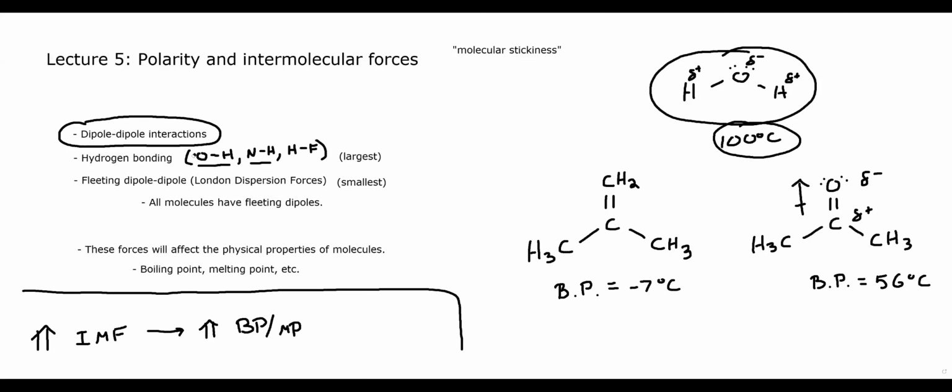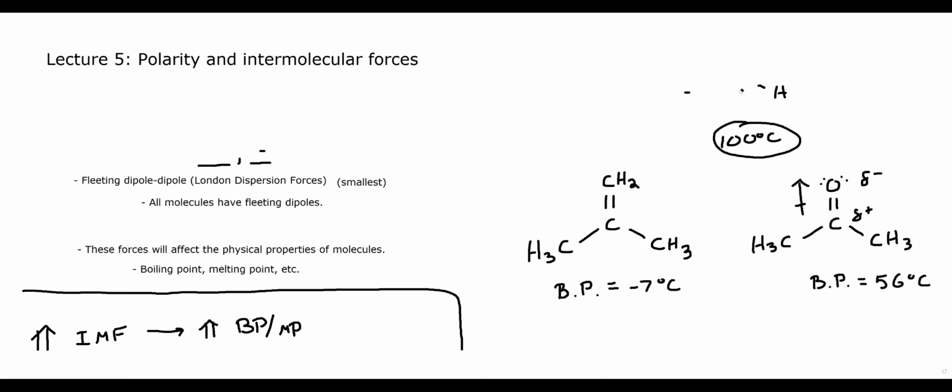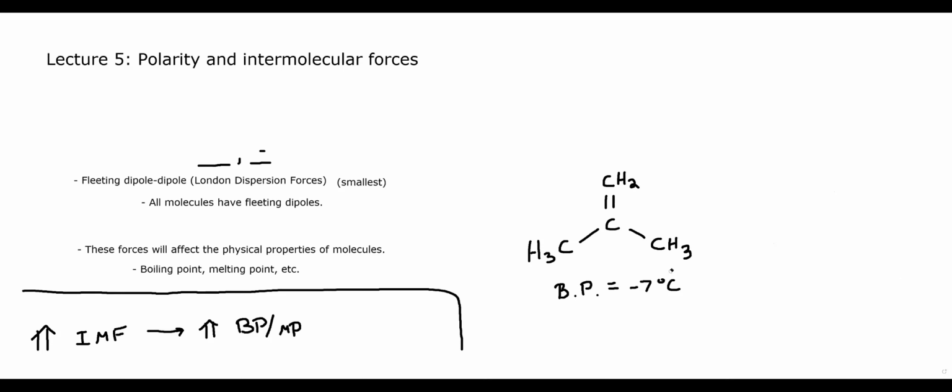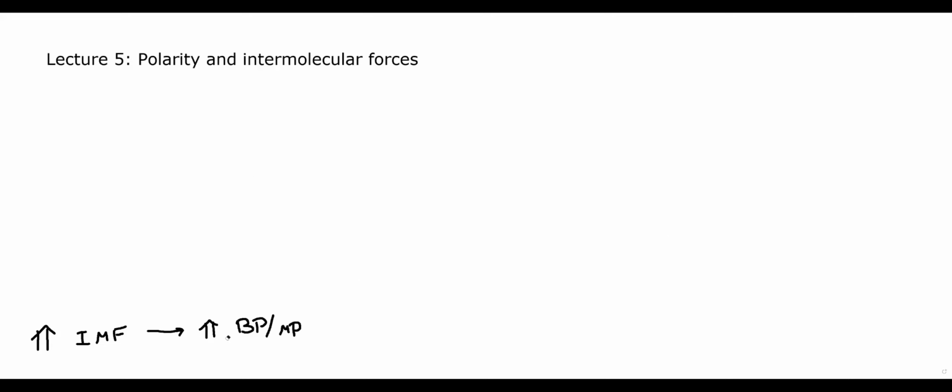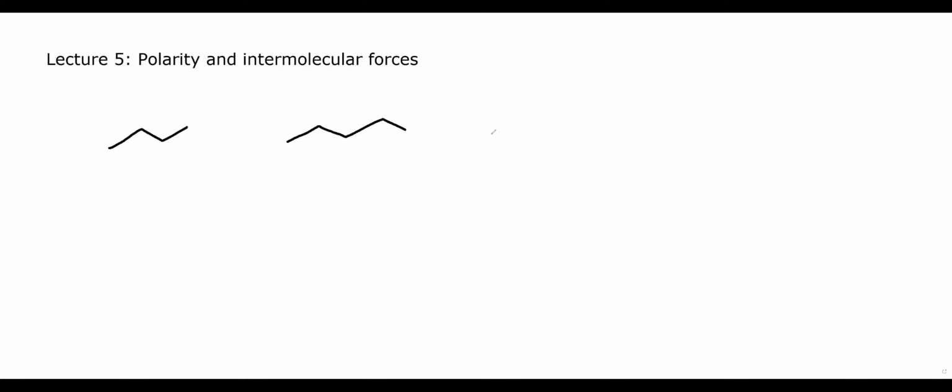Okay, let's now talk a little bit about what else could influence those physical properties. Okay, so let's just look very simply at a couple molecules here. We have a 4-carbon chain, we have a 5-carbon chain, and we have a 6-carbon chain.